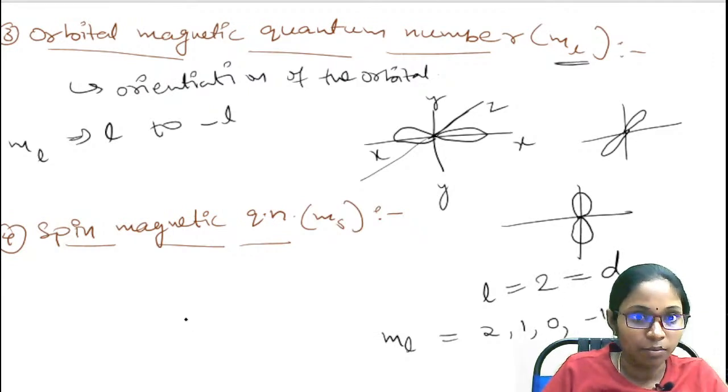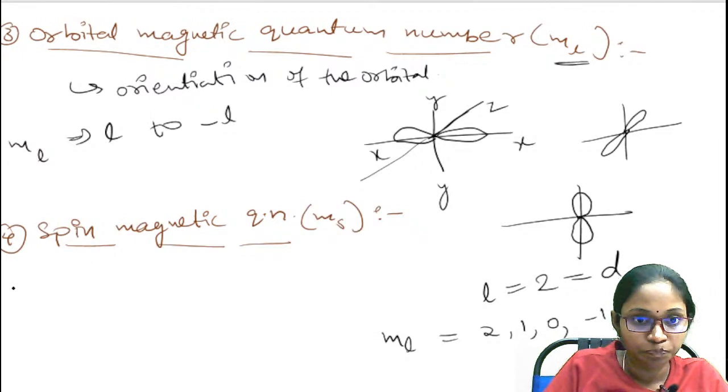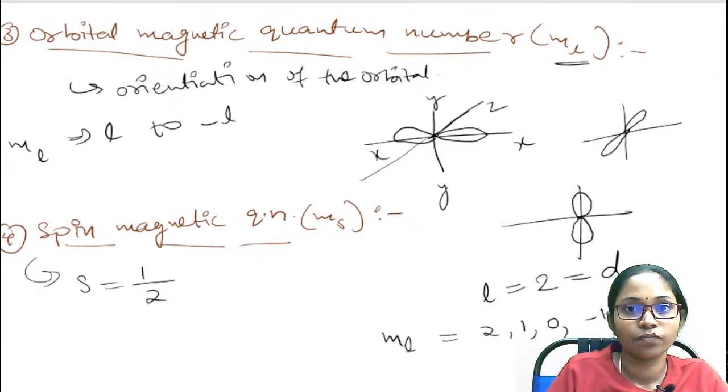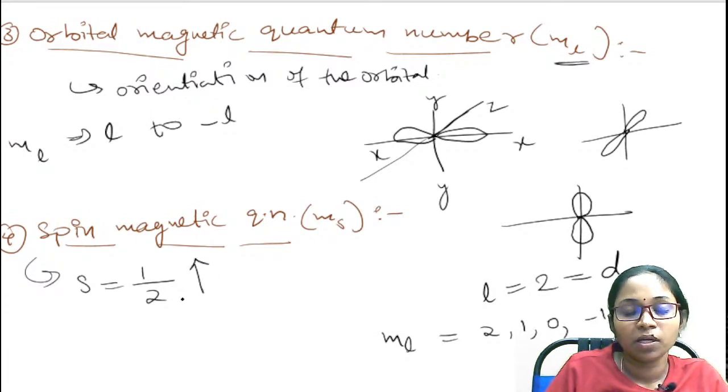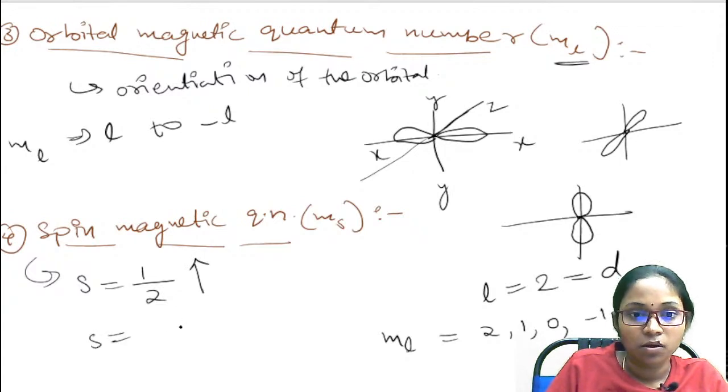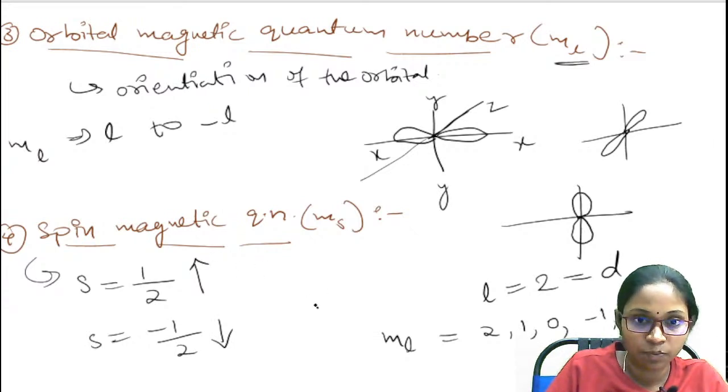Coming to the spin quantum number. Before explaining the spin quantum number, you have to know about the spin of the electron. The spin of the electron is half. If the electron spin is clockwise, it will be plus half, otherwise you will have minus half. If the electron spin is in the upward direction, you will have plus half.